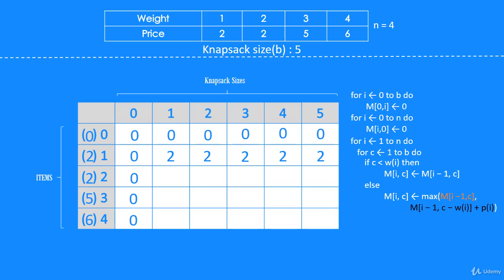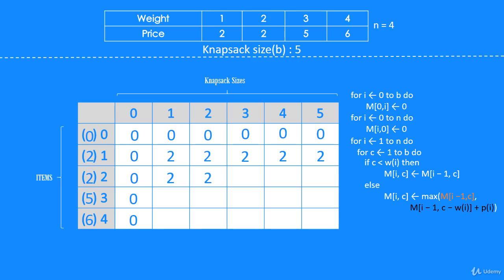Let's move on to the next item. First, we compare knapsack size with the size of our item. Since the knapsack size is smaller, we cannot add this item, so we just write whatever is in the cell above. Now, the knapsack size is equal to the size of our item. But since the price of the solution without this item is equal to the price of the solution with this item, we write 2.